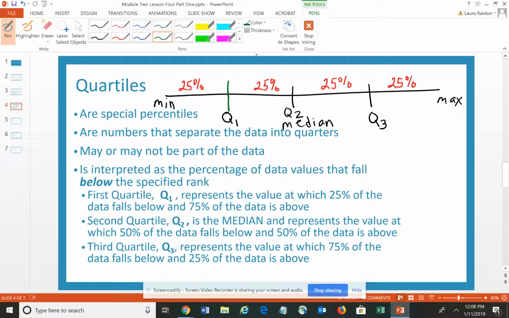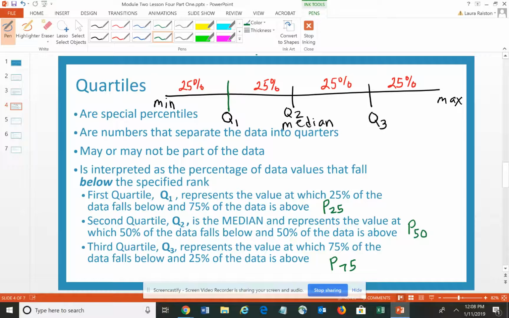Okay, so you want to think about and pay attention to the quartiles. Now, another thing to think about here is the first quartile would be the same as percentile 25. The second quartile is the same as percentile 50, and quartile 3 is the same as percentile 75.